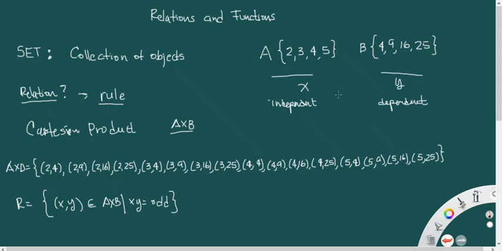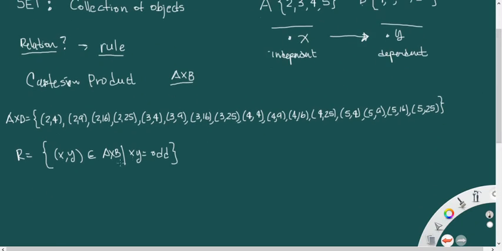So this is part of the common notation. In this case, we are using the set A as our x variable and our set B as our y variable. So what we want here is a new set which we name R, and the rule is that we want to find all numbers x and y that belong to the Cartesian product A times B such that the product between them is an odd number.